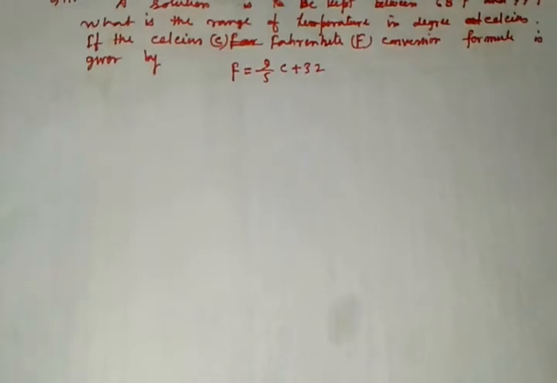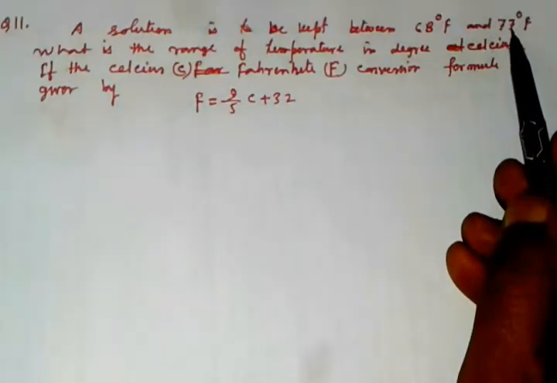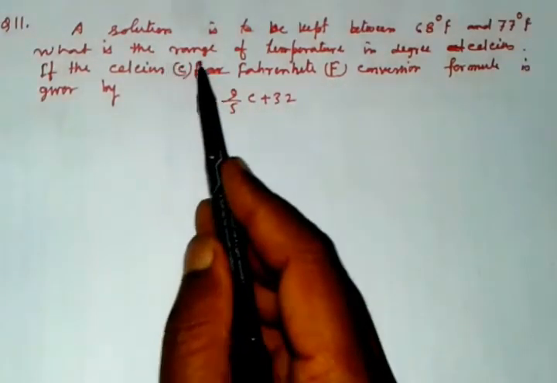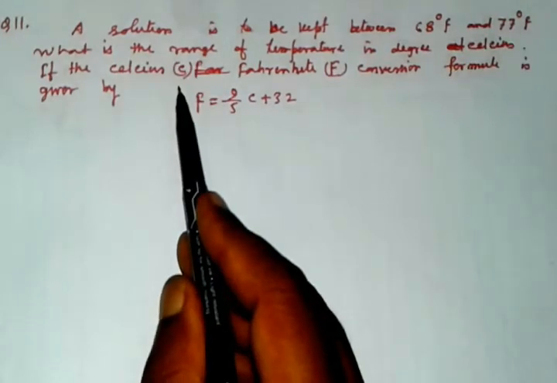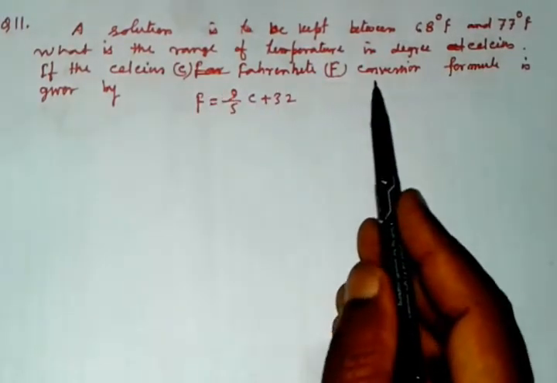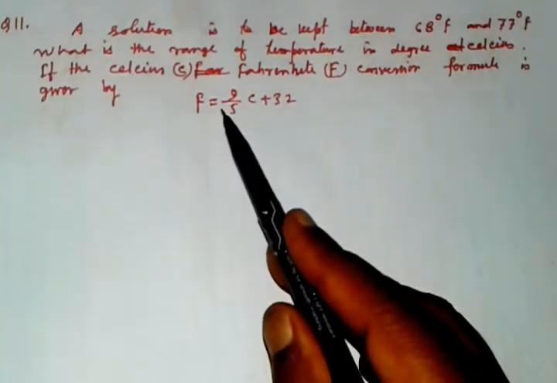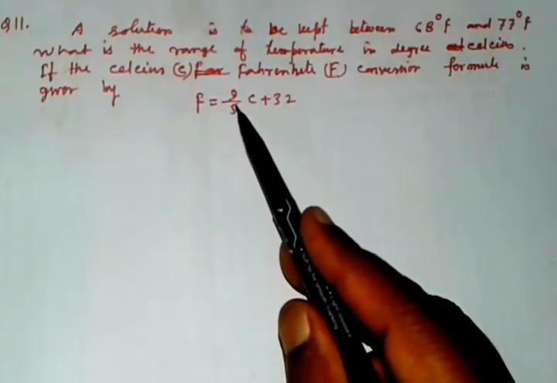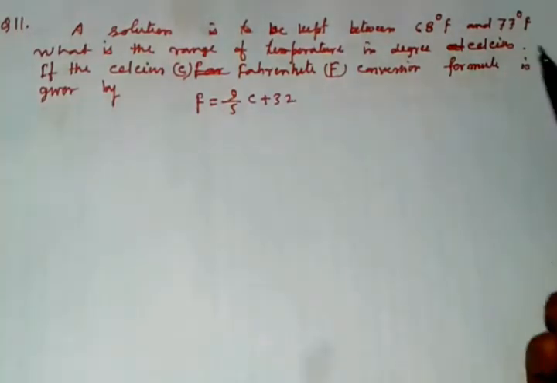Next problem. A solution is to be kept between 68 degrees Fahrenheit and 77 degrees Fahrenheit. What is the range of the temperature in degrees Celsius, if the Celsius C and Fahrenheit F conversion formula is this?